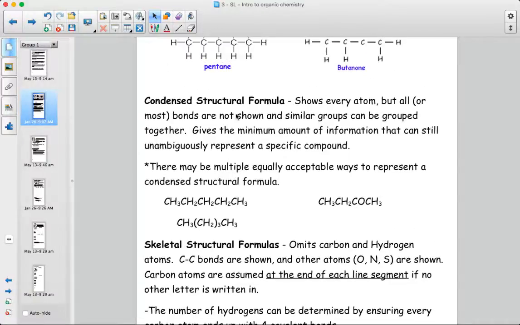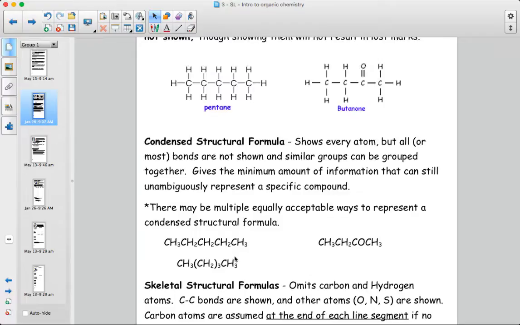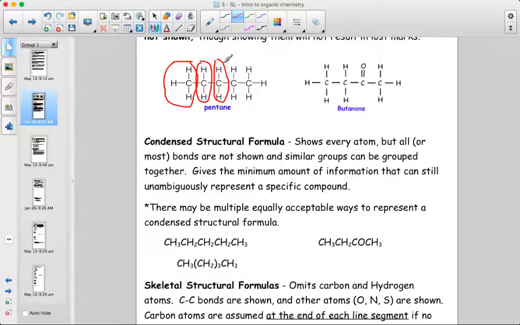So if you look at the structure of pentane above, and you look down at these 2 different ways of representing it as a condensed structural formula, you should see that as you sort of walk down the pentane molecule, you've got a CH3 group, and then you've got a CH2 group, CH2, CH2, and CH3.